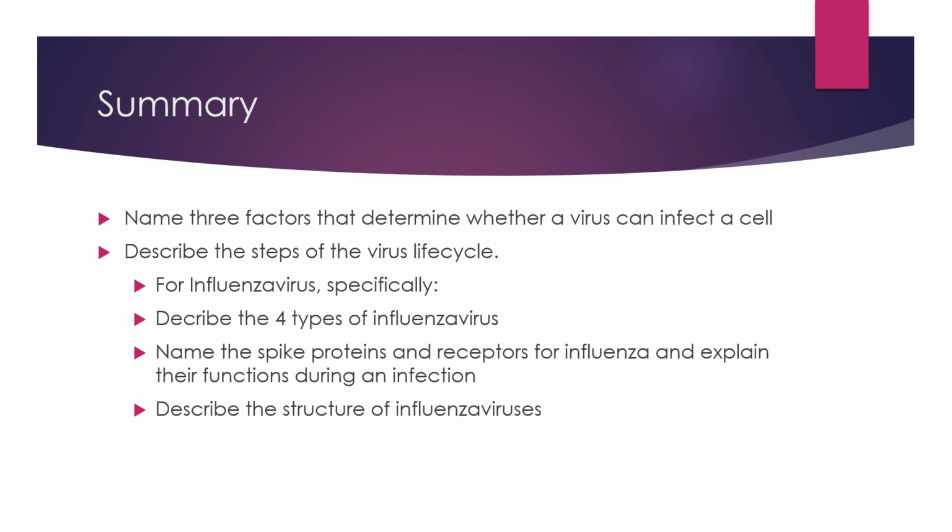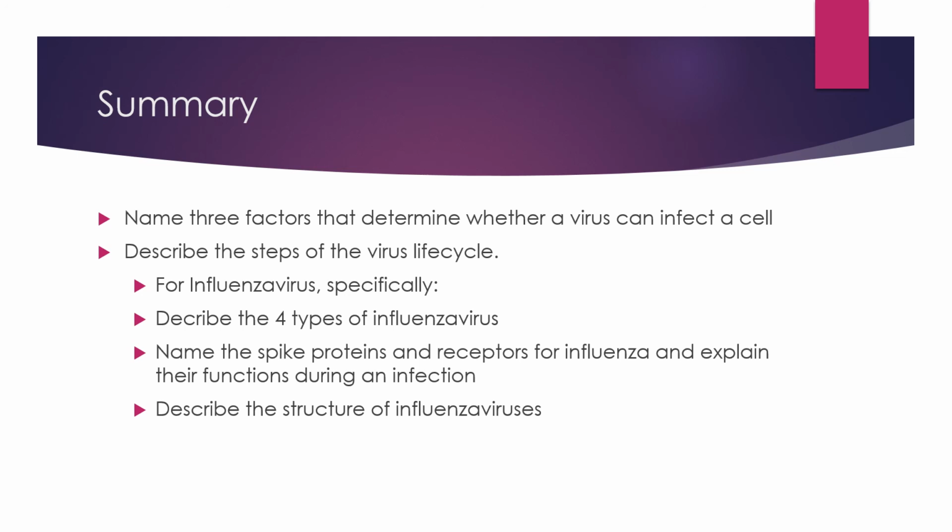I also talked specifically about influenza. I described the 4 types of influenza viruses. I talked about the proteins that are involved in getting influenza into a cell for infection. We said that hemagglutinin is the spike protein on the surface of the influenza virus, that it's the key that unlocks the epithelial cell during an infection.